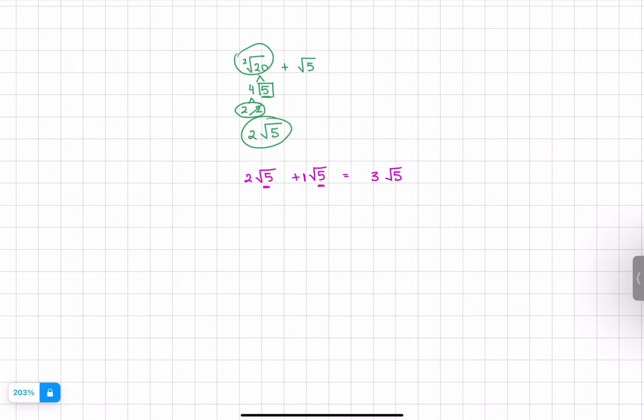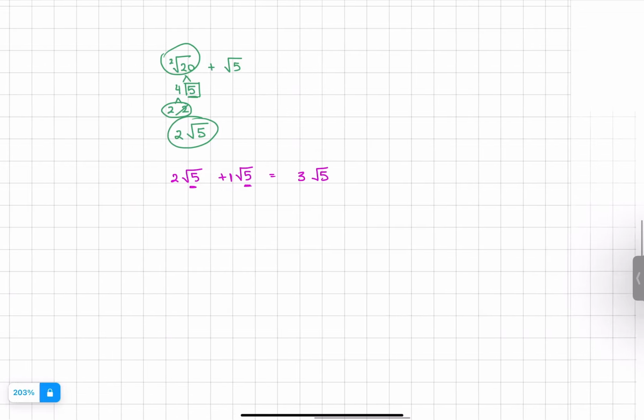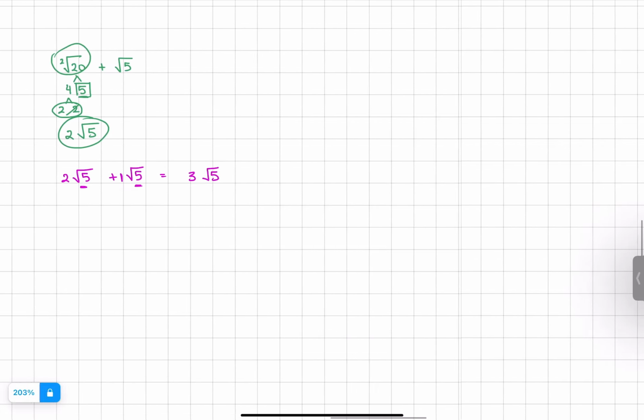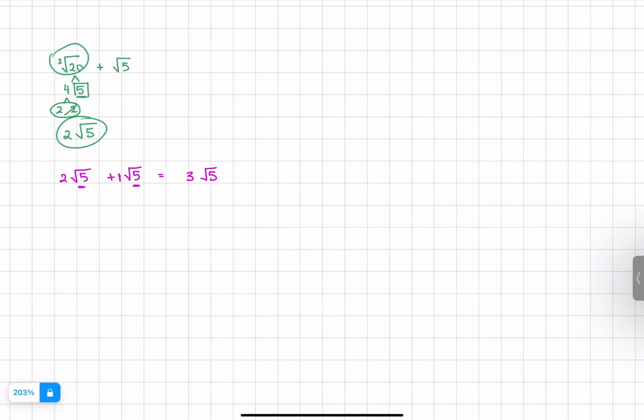Great. So let's try a subtraction problem here. So root 18 minus root 8. Both of them can be simplified further. So what we do is 9 times 2 equals 18. 3 times 3 equals 9.